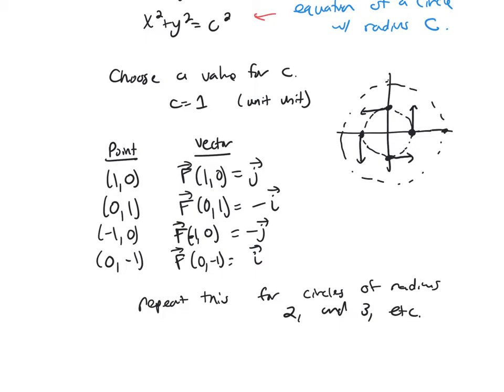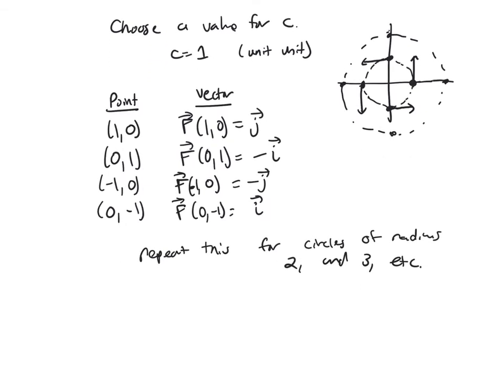So maybe pick these points here and draw the vectors at those locations, and you'll see that the vectors have increased in length. The length will now be 2 or 3, depending upon which radius you choose.